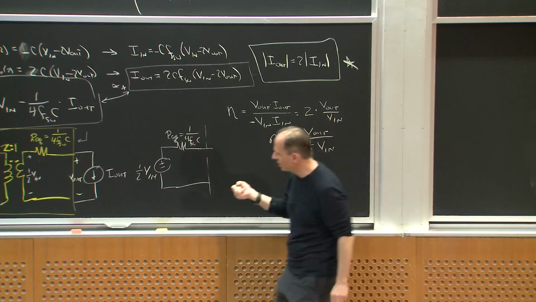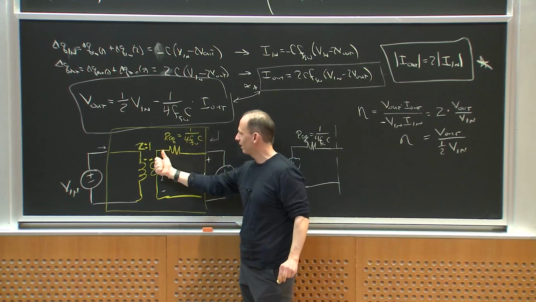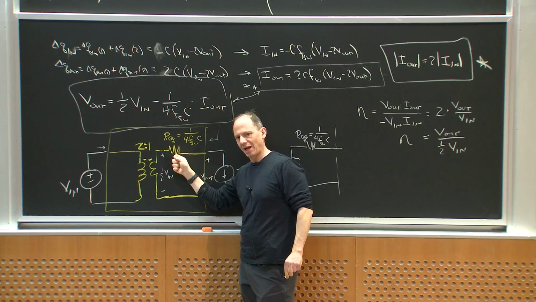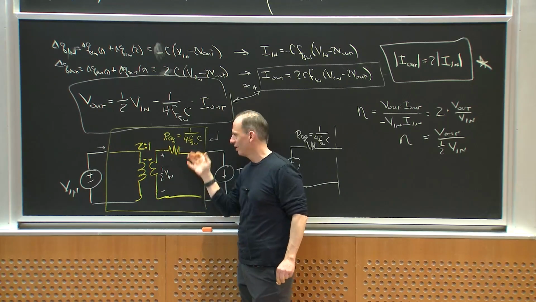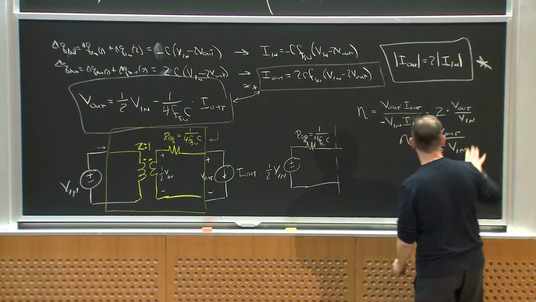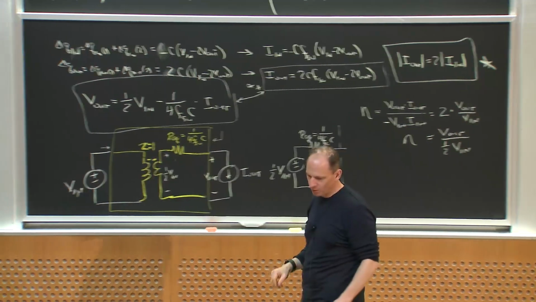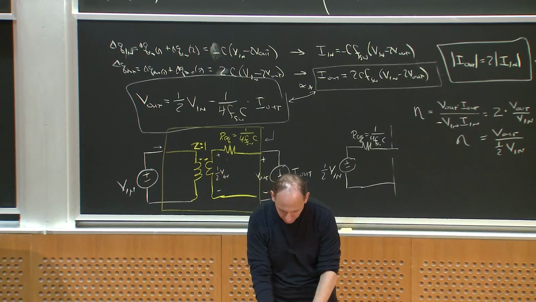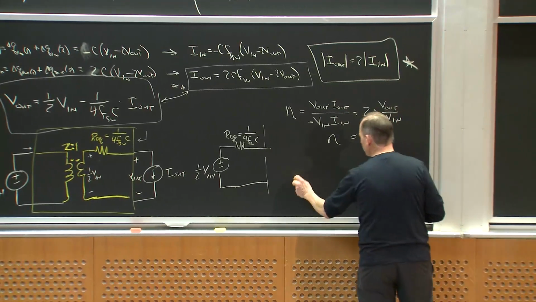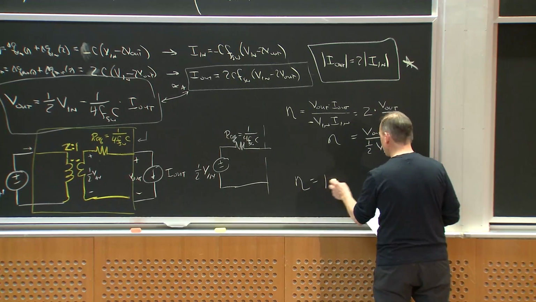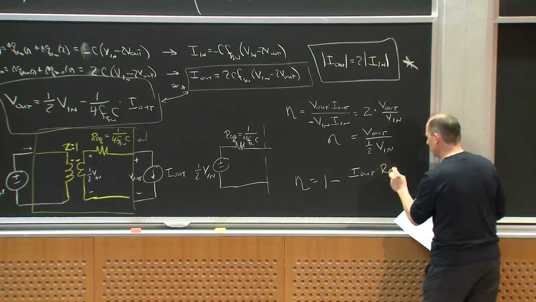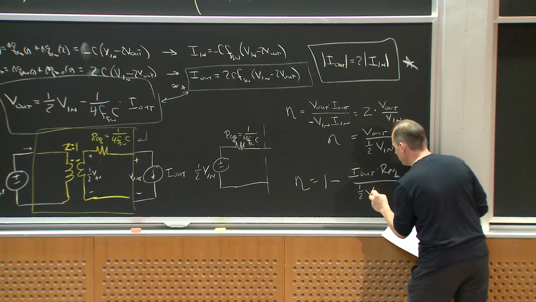Well, we can see that the output is smaller than half V in by whatever drop is across this resistor, right? So this model is actually useful for calculating efficiency. And I could rewrite that. If I plug that in, what I would get is the efficiency simply is equal to 1 minus I out times Req over 1/2 V in.